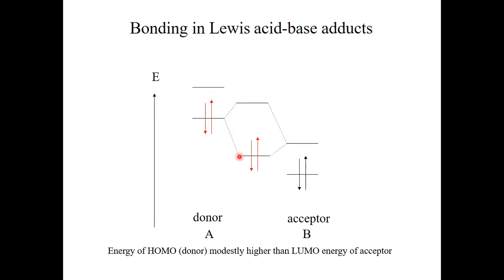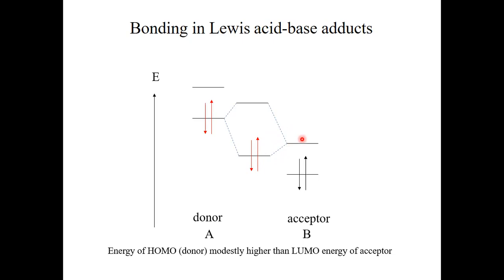However, now the bonding molecular orbital, which hosts the electrons, would be located primarily at the acceptor B. That would mean that we would have a polar covalent dative bond, which would be polarized toward the acceptor B.